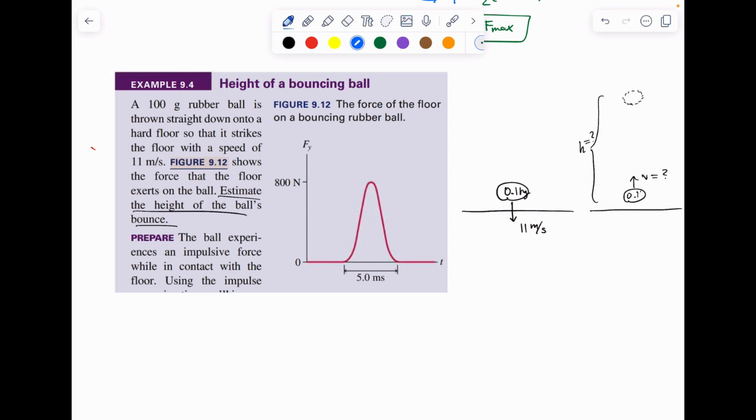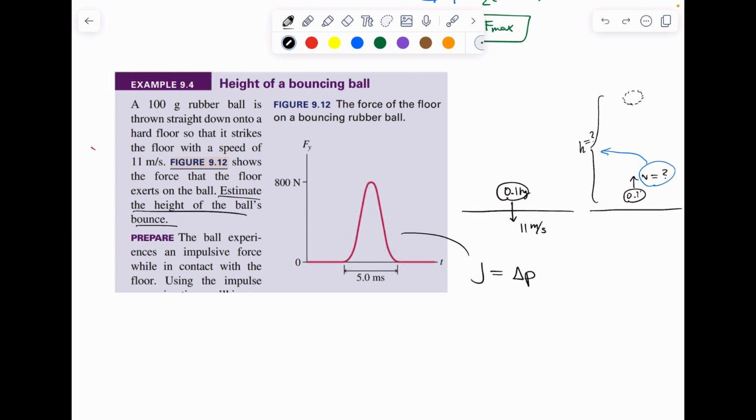Now, if you remember your kinematics, if we find this, we could probably use a kinematic to find that. So let's focus on finding the velocity after this impulse. And if impulse is change in momentum, J equals change in momentum, then if we find the impulse from this graph, that will probably help us find the velocity over here, which will help us find the height.